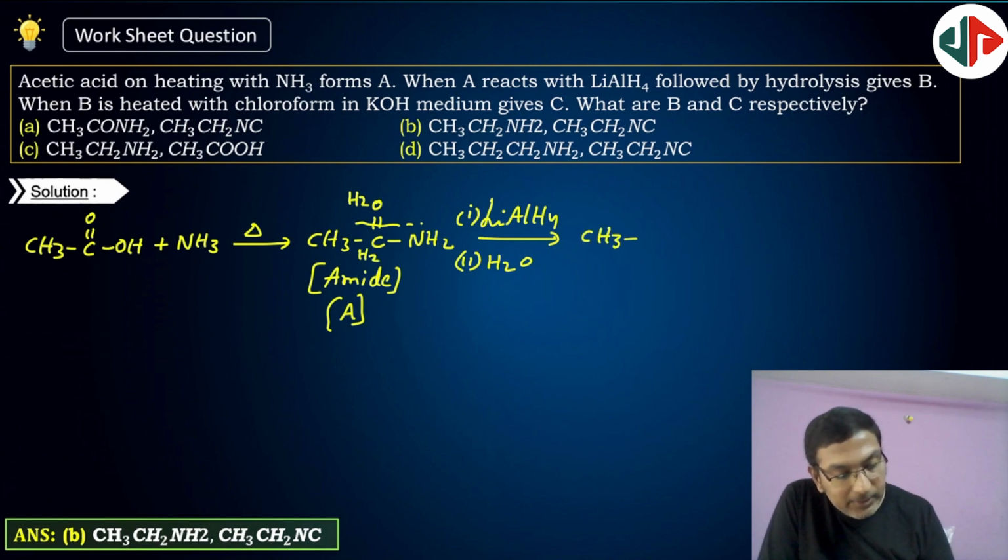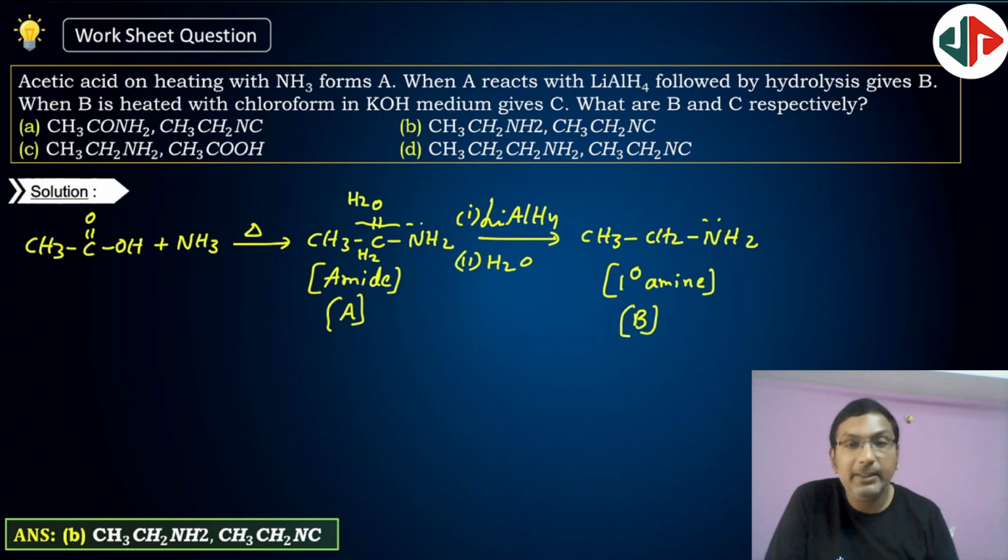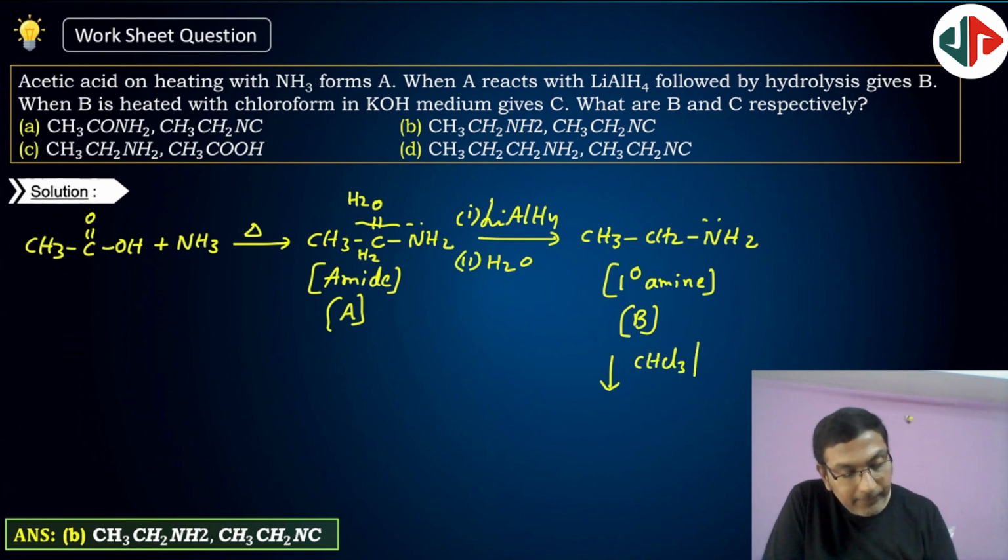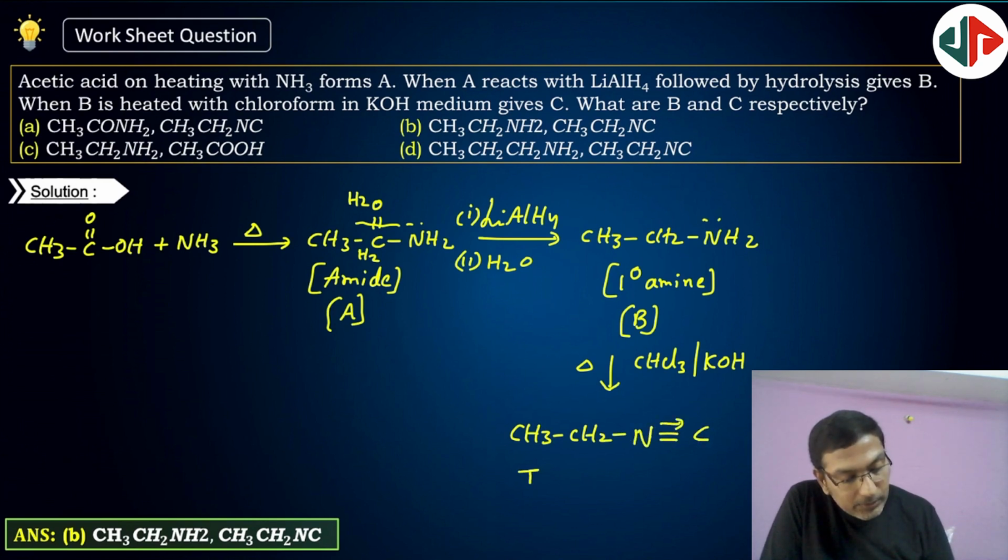It will be converted to CH3CH2NH2, which is primary amine, and it is B. So B, when heated with chloroform, CHCl3 in KOH medium, gives CH3CH2NC isocyanide. So which is C.